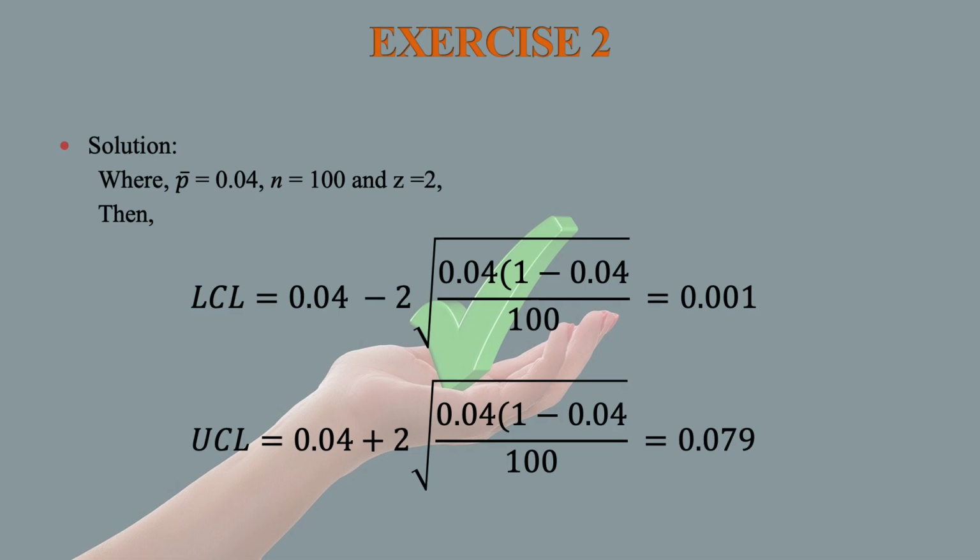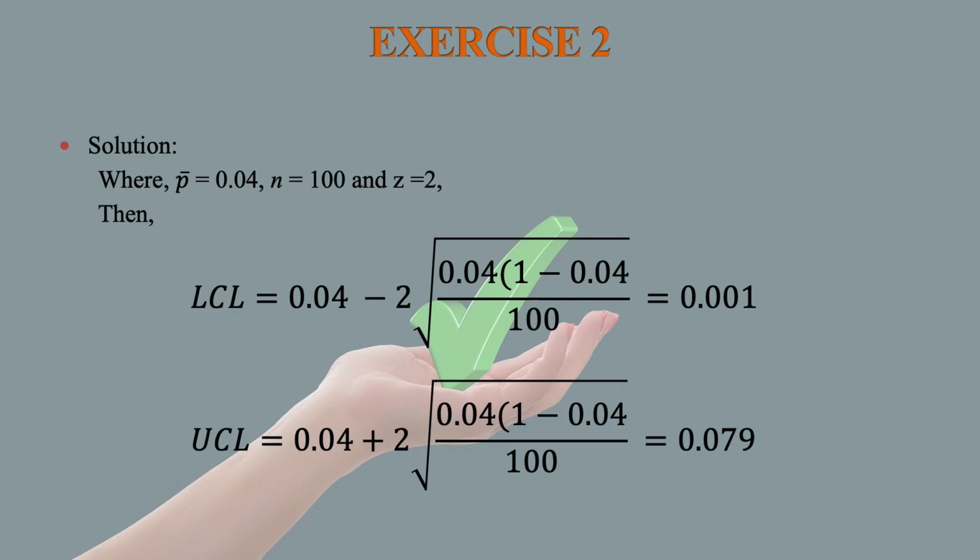Now the upper control limit is equal to P bar plus Z multiplied by under root P bar multiplied by 1 minus P bar divided by N cap. Here P bar is given, that is equal to 0.04, and N cap is also given, that is 100. There is no problem for calculating UCL because P bar is equal to 0.04. The value of Z is equal to 2 and the value of N is equal to 100.